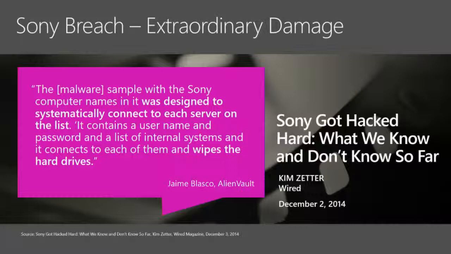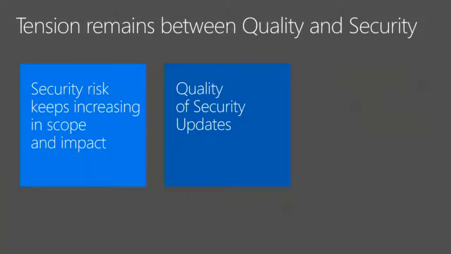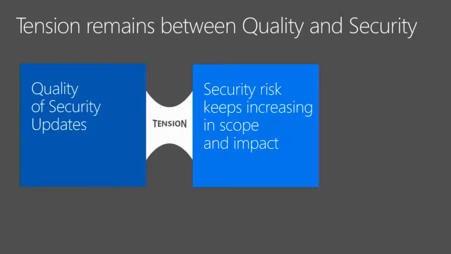That doesn't change. Sony is one example I have here, but again, I'm not going to spend a ton of time there. What I will say, though, is there's another tension there. If you've been to other sessions, there were tension slides shown, and Mike had one of those. And the tension here for you, primarily, that's the feedback we receive now, most of the time, is the risk of quality related to deploying security updates, particularly because there's not a lot of time.